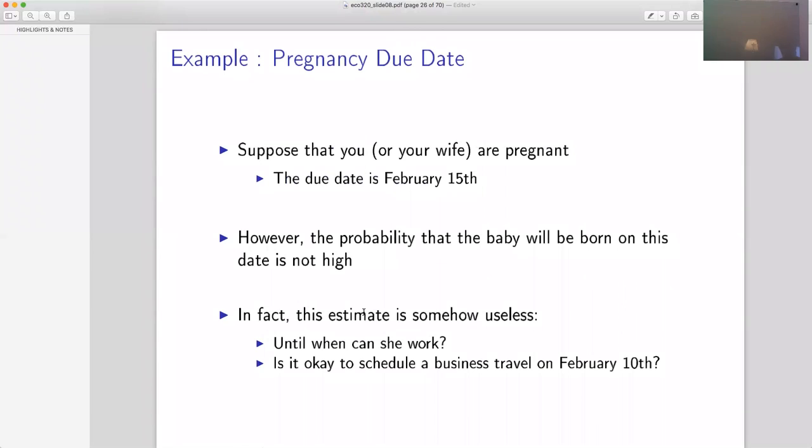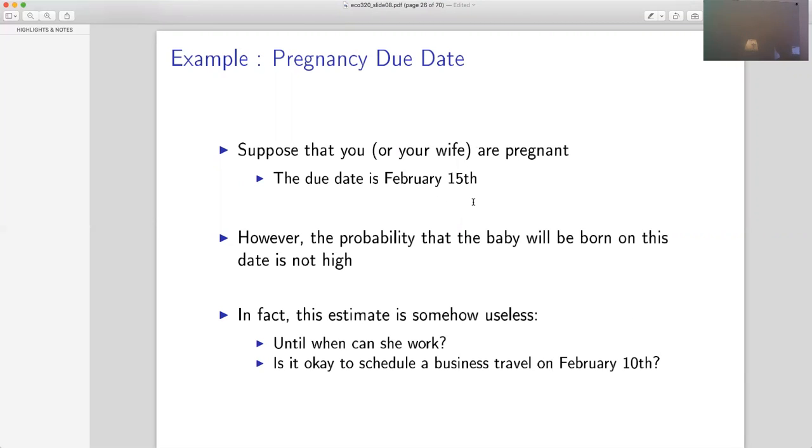Let's talk about another example. Suppose that you are pregnant, or your wife. The due date was February 15. However, the probability that the baby will be born on this day is not high. I'm not sure whether you guys have the experience, but the doctor might say the due date is February 15, but it's gonna be around the 15th, not exact.